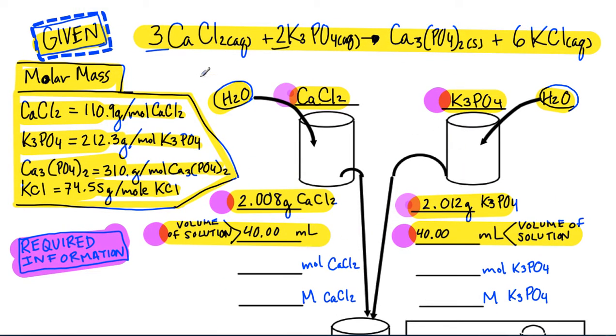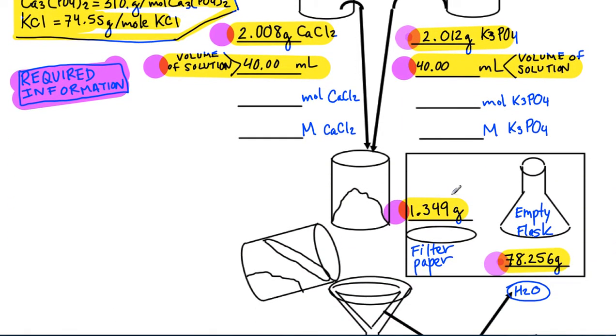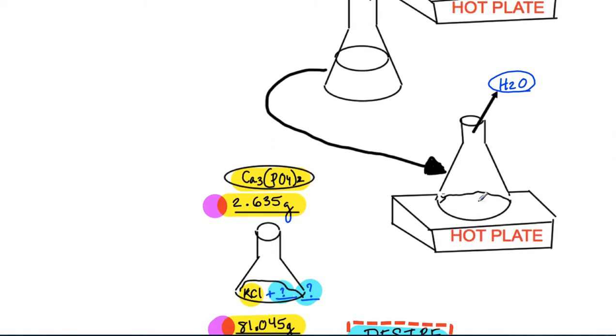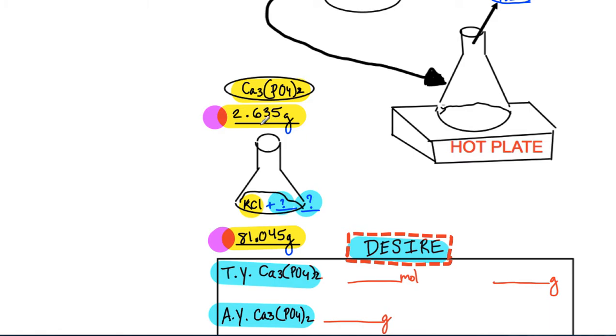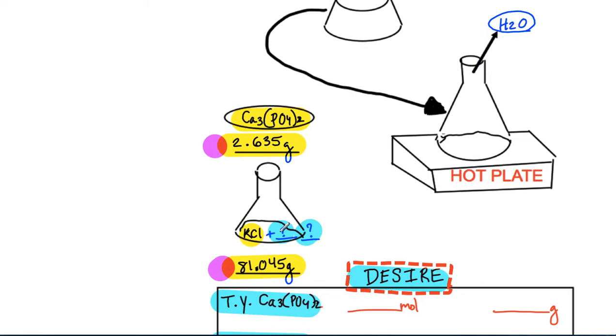Using all of your givens that you see at the top, as well as the mass of the empty filter paper and the empty flask, and the mass of the filter paper once it was dehydrated and had the salt, and the mass of the flask once it was also dehydrated and had salt in it. Pause the video now.